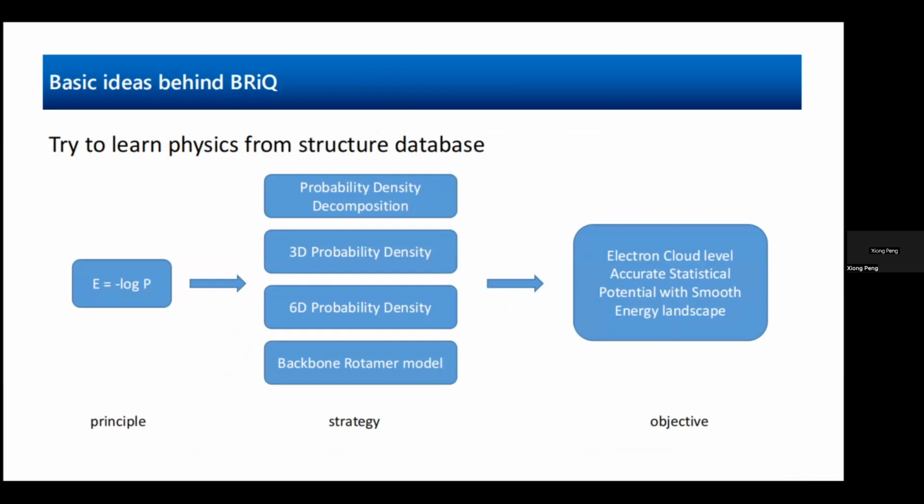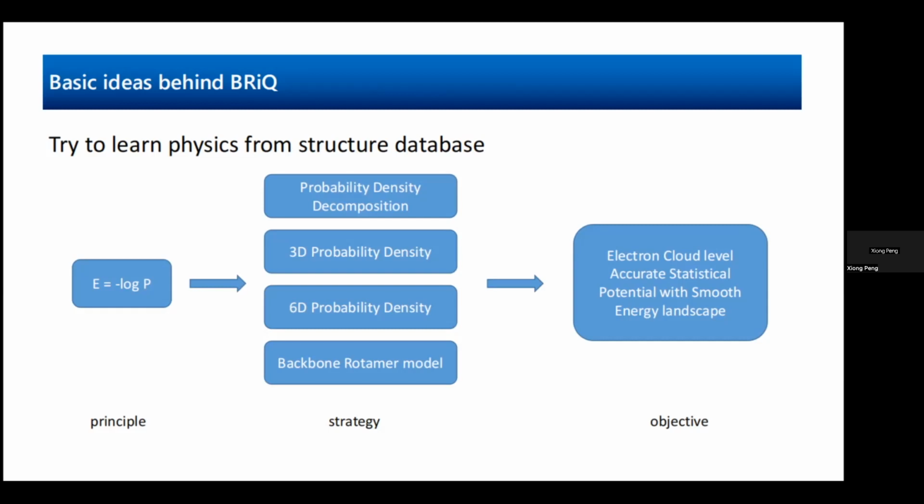Our aim is to build an ideal energy function, which is accurate enough, not a coarse-grained model and not an all-atom model. So we want an electron cloud model. And meanwhile, I want the energy landscape to be smooth, so it will be good for our structure sampling.